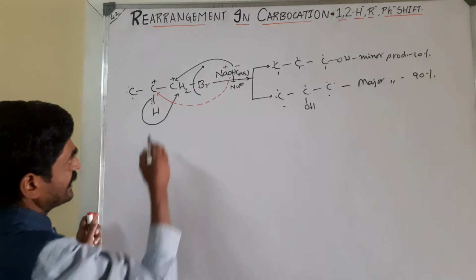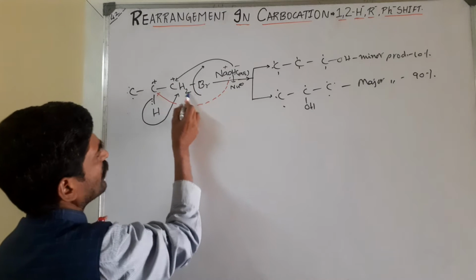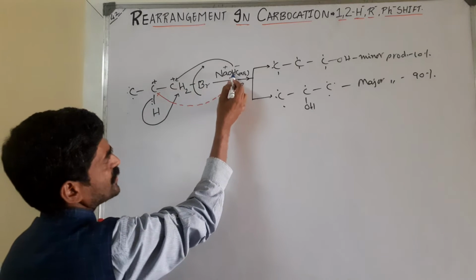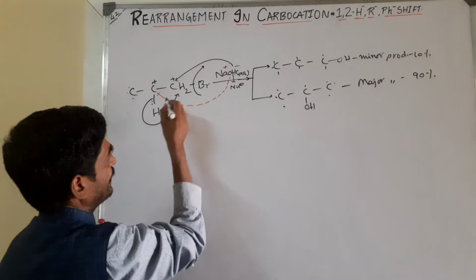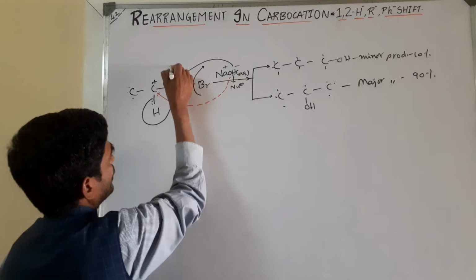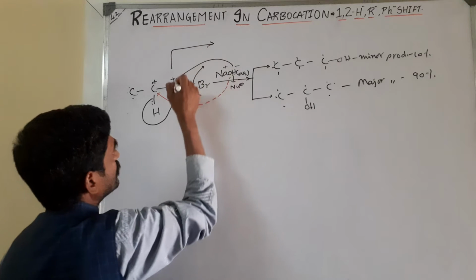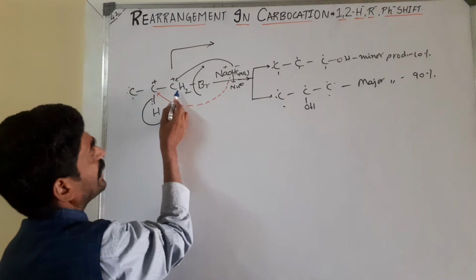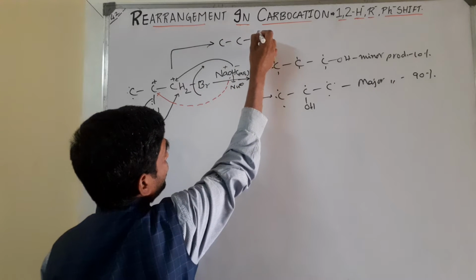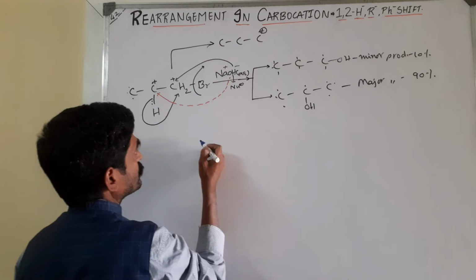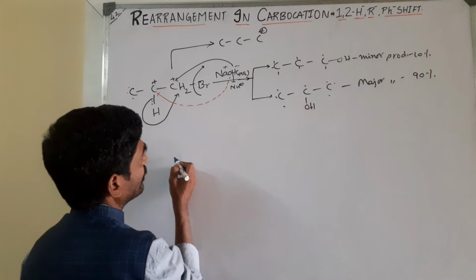Now the explanation is here. If this bromine goes out, then the OH minus nucleophile comes in as the attacking reagent. If the bromine goes out, this carbon gets a positive charge. So this is a primary carbocation, right?